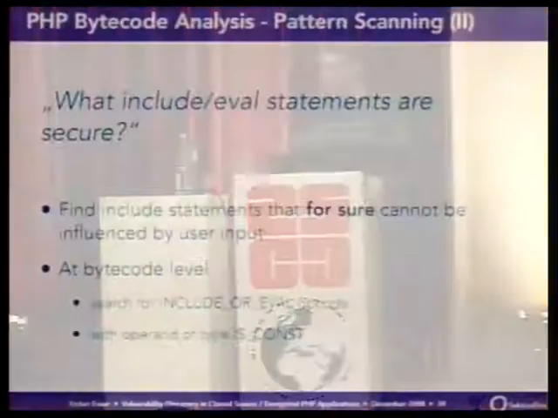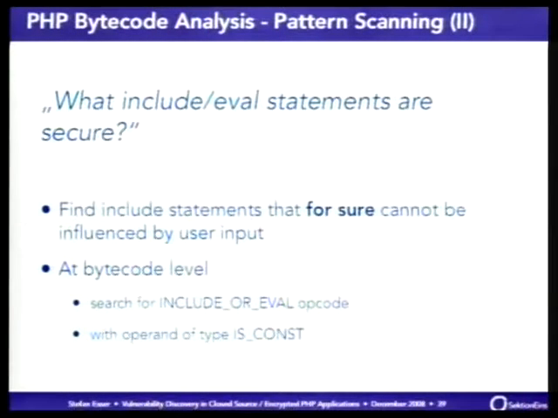The next thing you can do with simple pattern scanning is to answer the question: which include or eval statements are really 100% secure? This is, of course, a question that will not help you in many ways, but at bytecode level, this only means you search for the include or eval opcode, and you check if the operand is a constant.